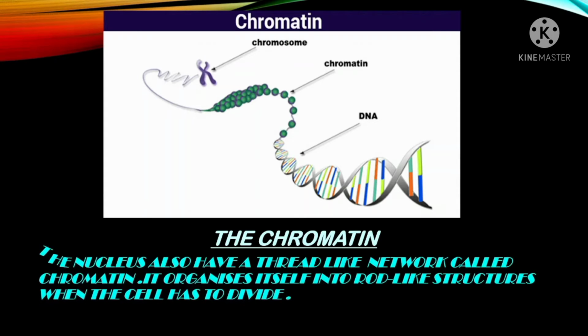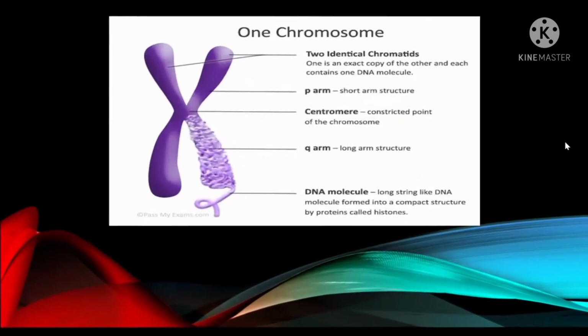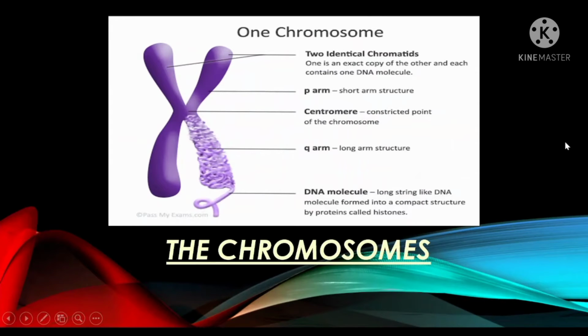The chromatin. The nucleus also has a thread-like network called chromatin. It organizes itself into rod-like structures when the cell has to divide. The chromosomes.